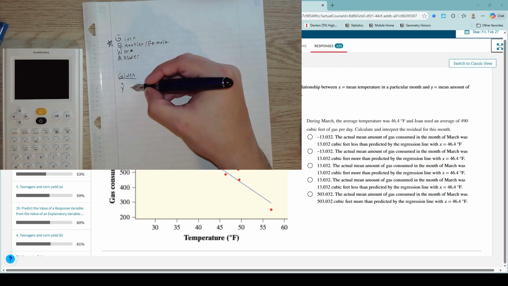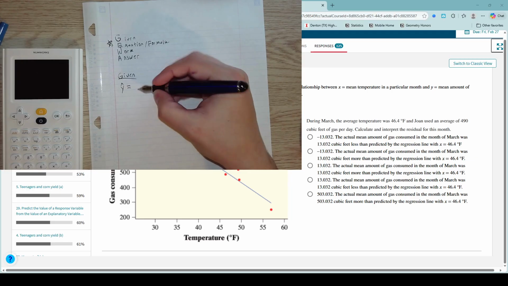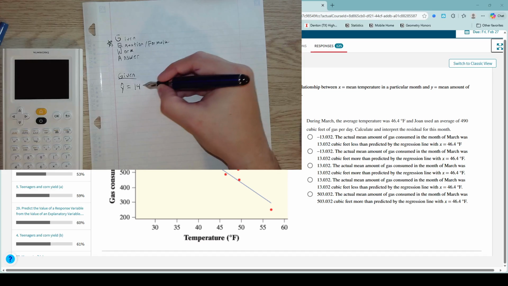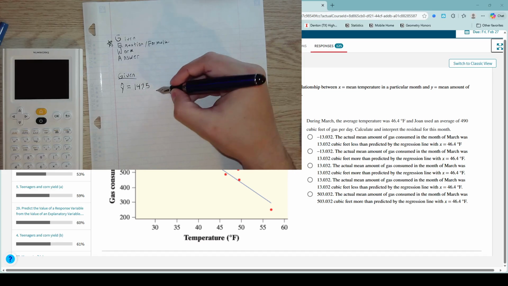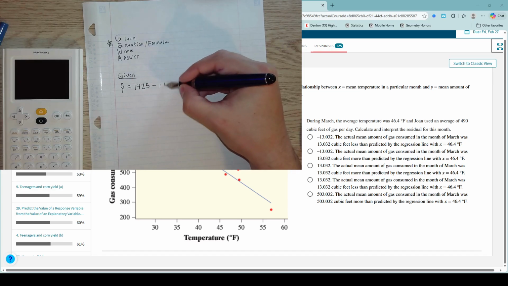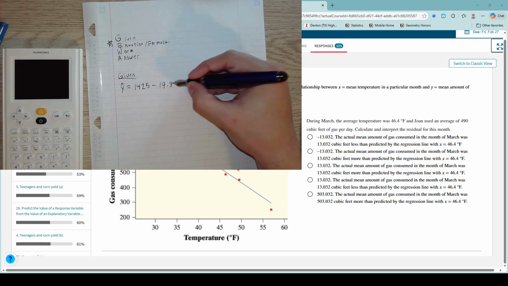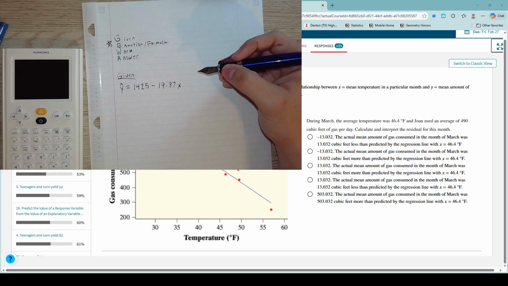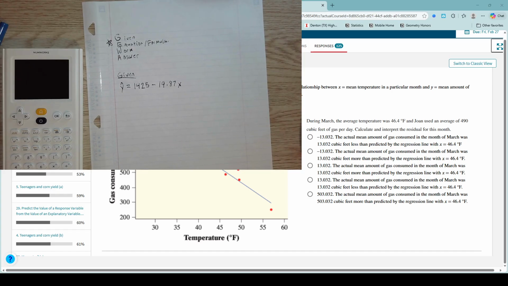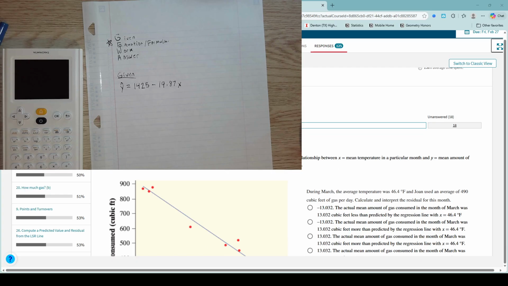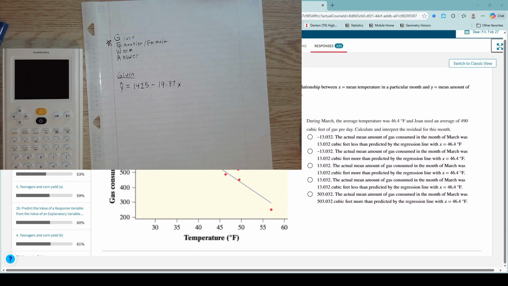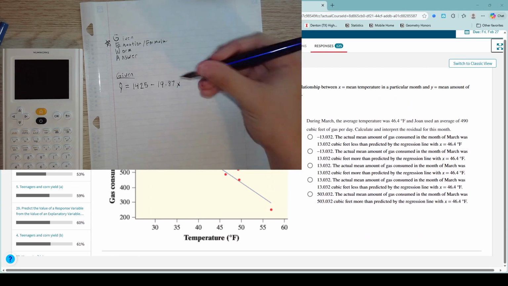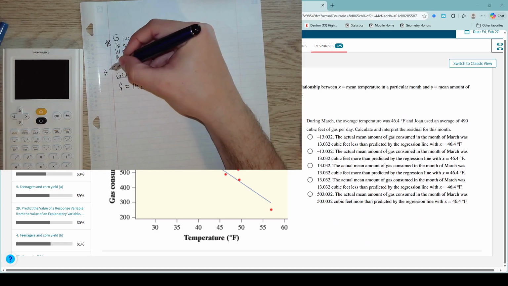The regression line is y hat equals 1425 minus 19.87x. Now, if you want to follow along, this is question number 27 in your review.